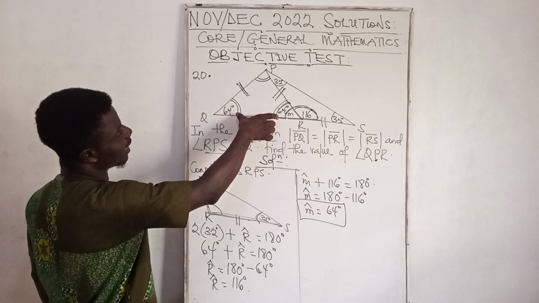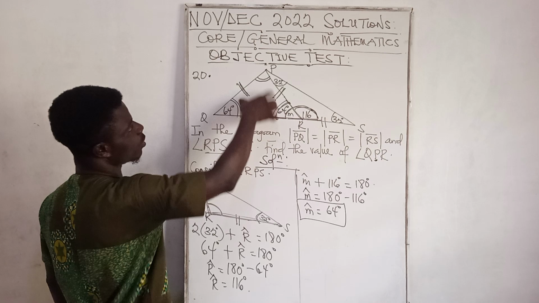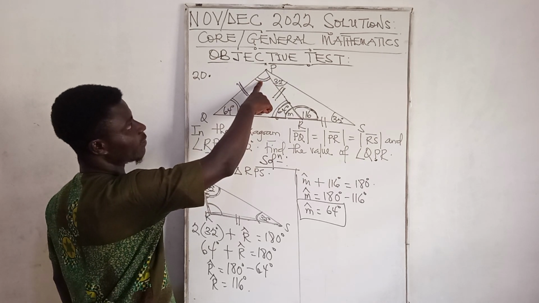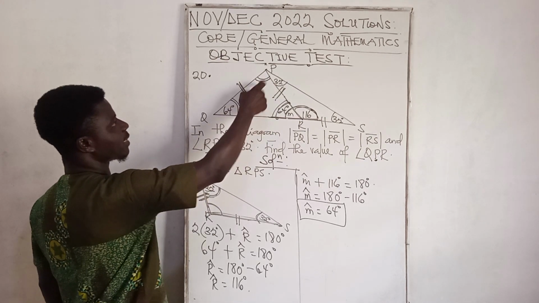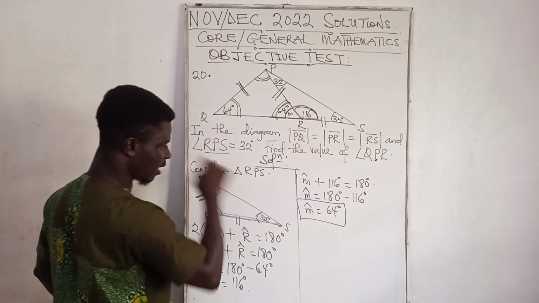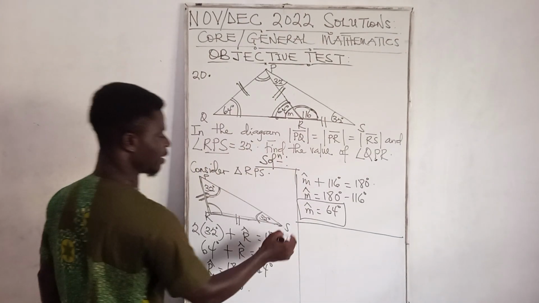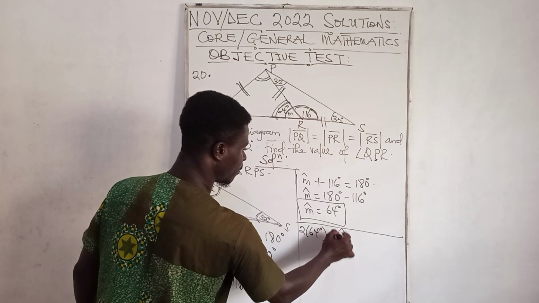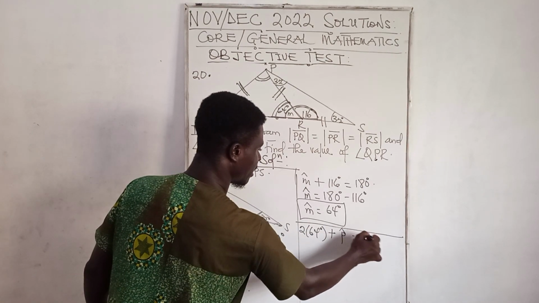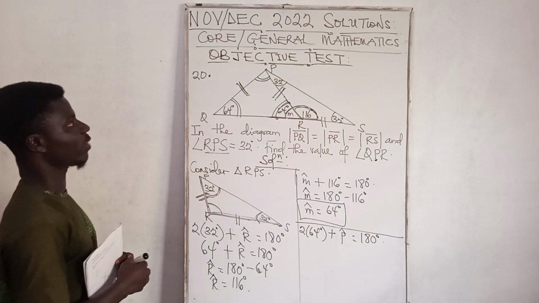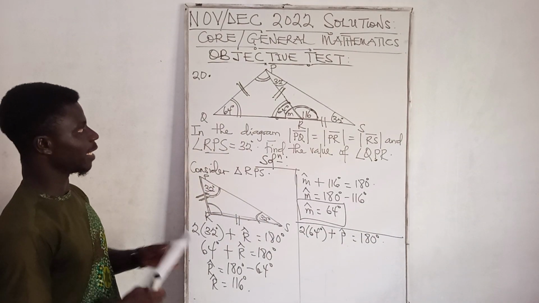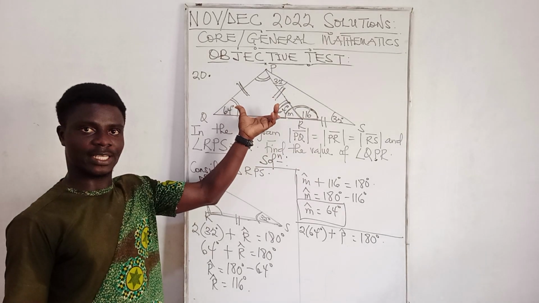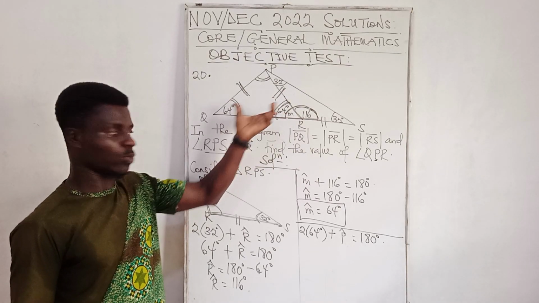So if their base angles are equal, then what should we do? We can find this angle, right? So we can find this angle P. So now we can say that twice this 64 degrees plus angle P equals 180 degrees. Using the same triangle properties, the sum of interior angles in a triangle is 180 degrees.